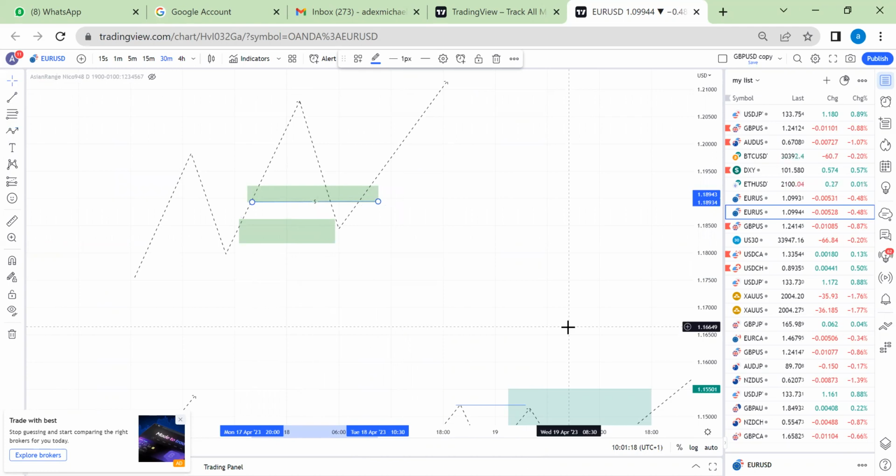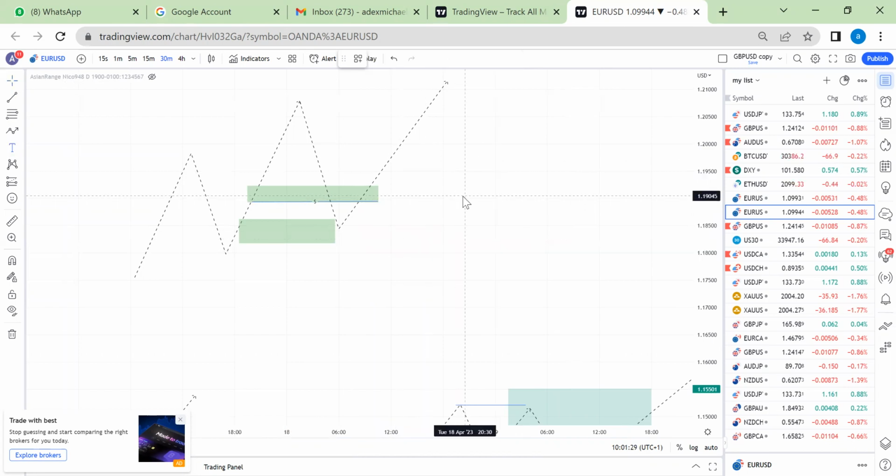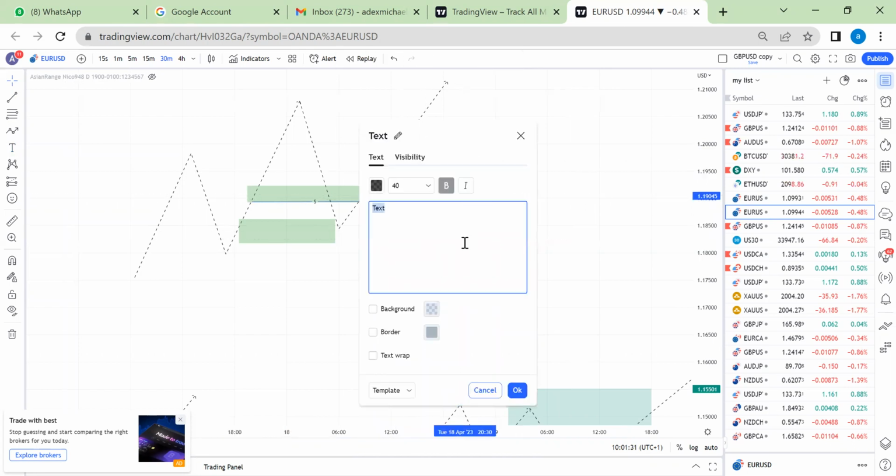So we're already getting to the end of this class. Now, there's something called mitigation, and there's something called inducements.